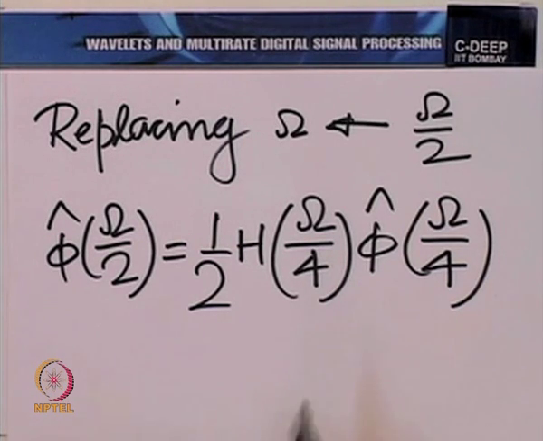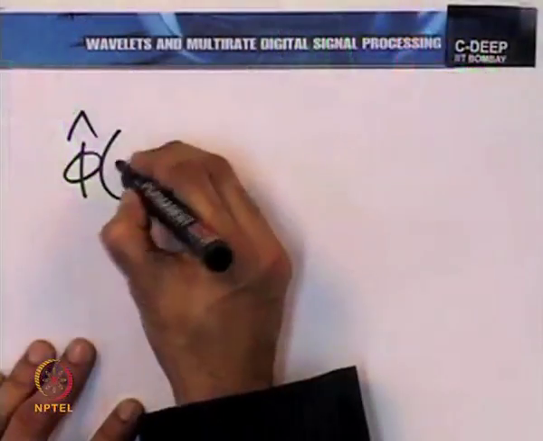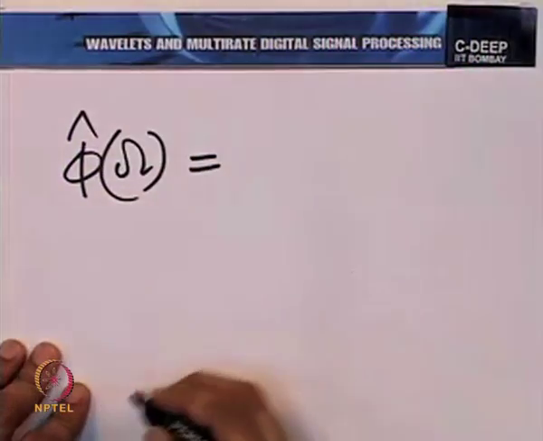So, now we have a recursive process. Every time you have phi cap omega by 2, you replace it in terms of a product of phi cap omega by 4 and then a DTFT. So, ultimately we have something like this. phi cap omega is like a product.